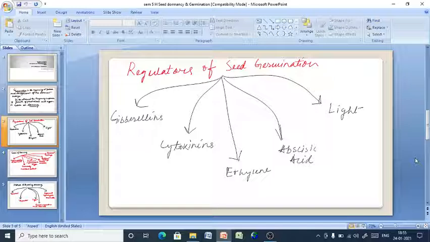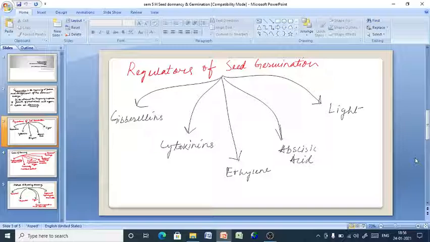Now, abscisic acid. The abscisic acid inhibits certain enzymes associated with germination, like endo-beta-mannanase in lettuce. But it has been shown that the reduced enzyme activity is due to reduced rate of germination.